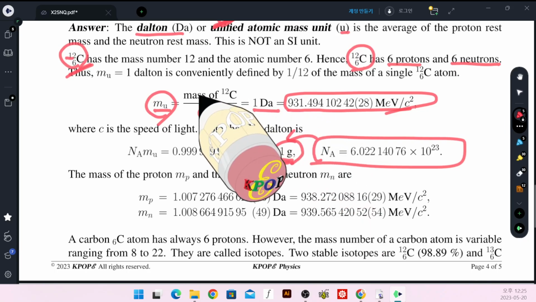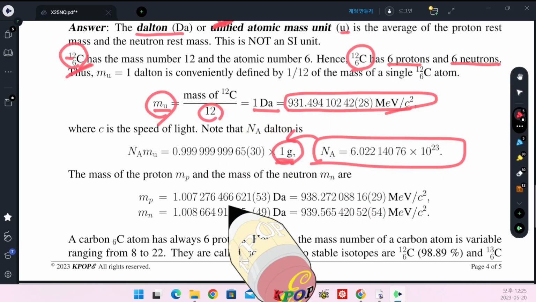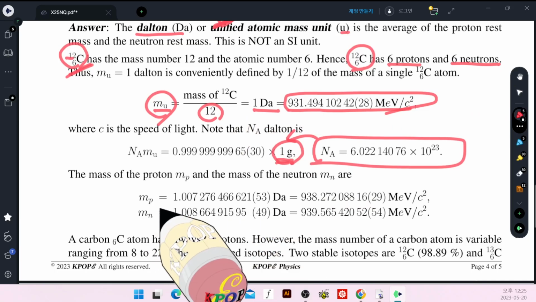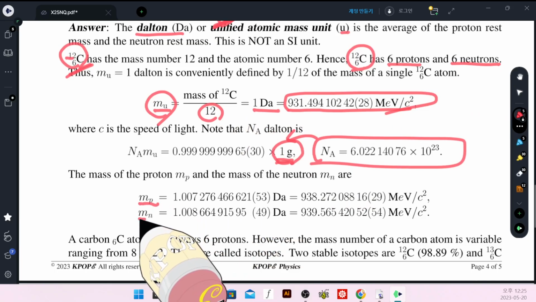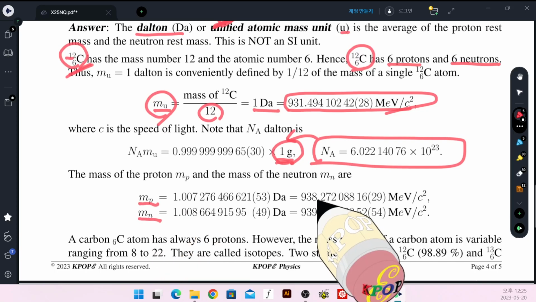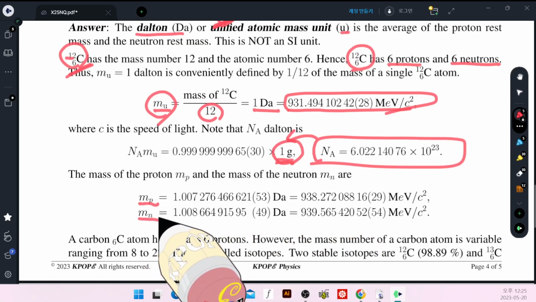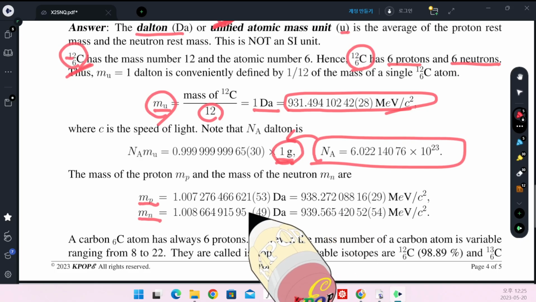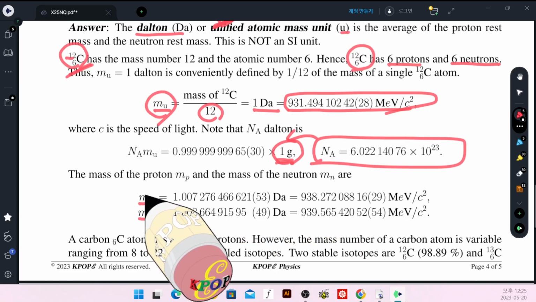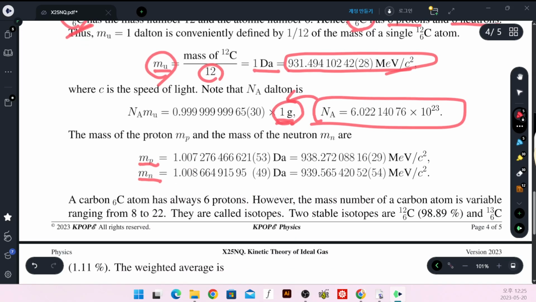So 1 Dalton is the average of them, and then we can separate it into 2 pieces, the proton mass and neutron mass. You can find the neutron mass is very, very slightly greater than the proton mass.